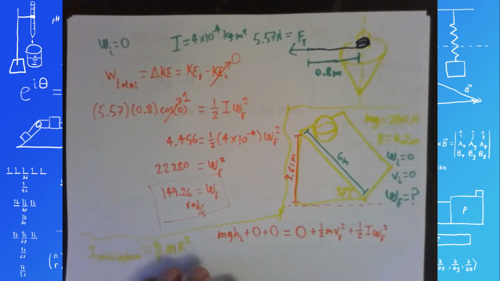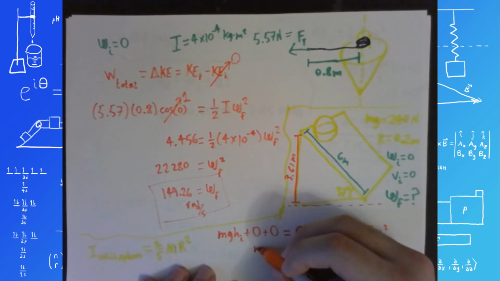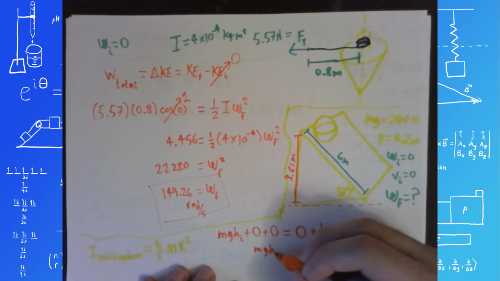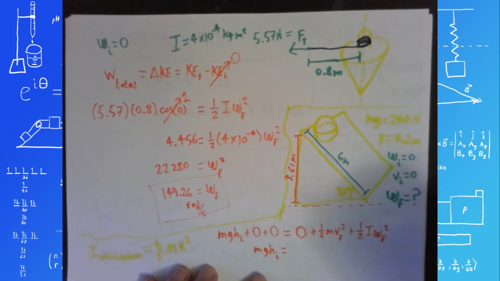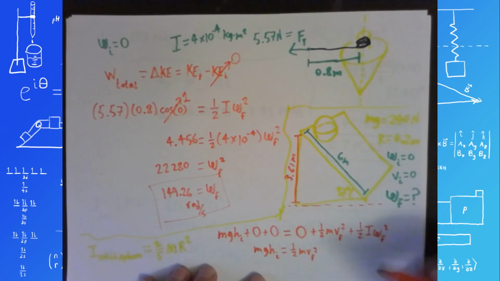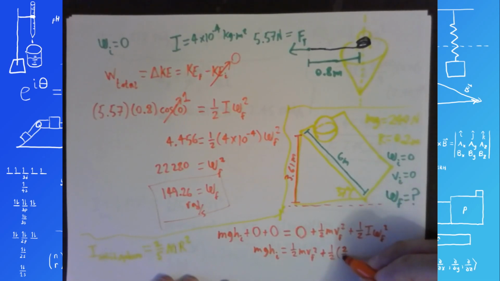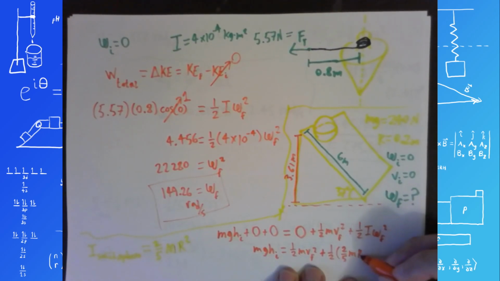I can expand this, so I can say mg h initial is equal to, that's going to stay as 1/2 mv final squared. This is going to become 1/2 times I is going to be 2/5 mr squared, so 2/5 m times r squared.